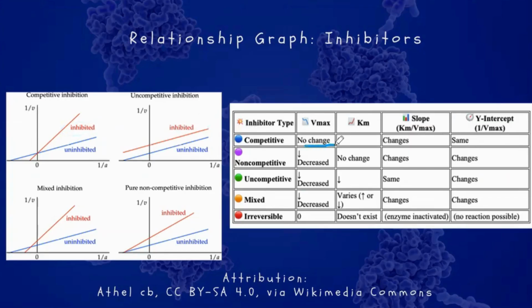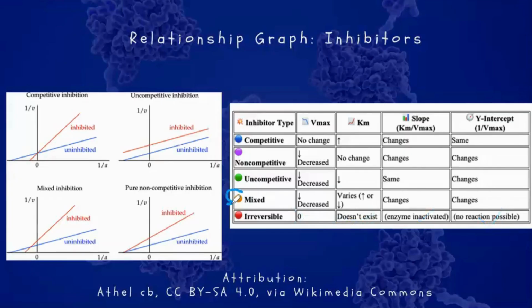So there is no change in the velocity itself, the speed at which it goes, but there is going to be an increase in the need to attach, because we're competing for that one spot. Then what isn't shown here is the irreversible, because really there's nothing that exists. It's just a zero graph. There's no maximum, and the enzyme is just inactivated, or nothing really happens.